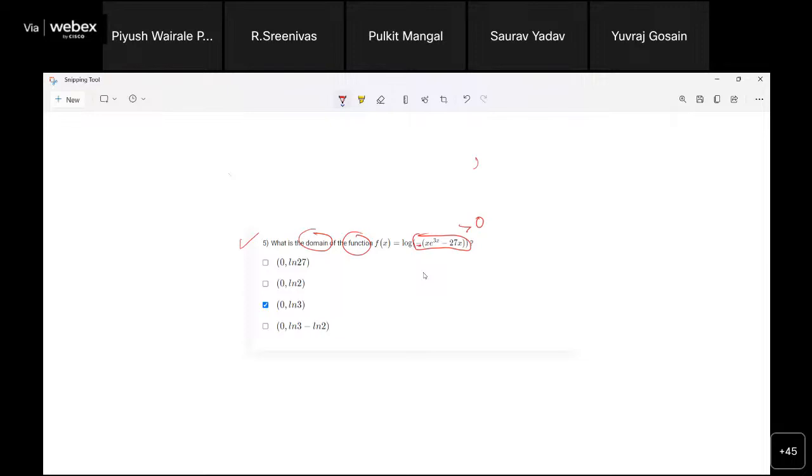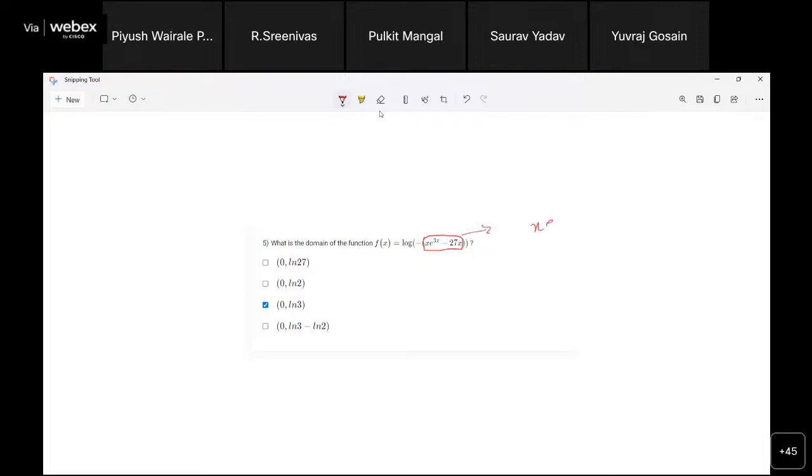Here you can see a negative sign is there, so the value of this particular function should be negative, then it will become positive. So we have to find out the domain for this.